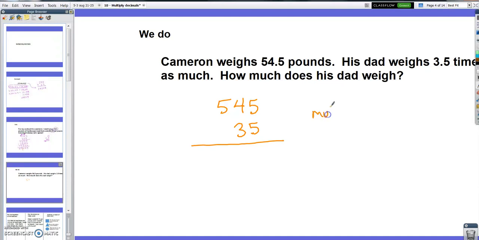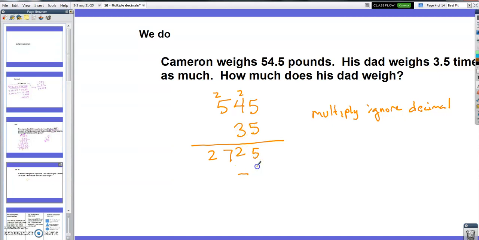So multiply, ignore decimal. And the reason I'm going to do that is I'm going to end up getting all the right digits when I do that, even though it's not going to be the complete right answer. So 5 times 5 is 25. 5 times 4 is 20, 21, 22. 5 times 5 is 25, 26, 27.